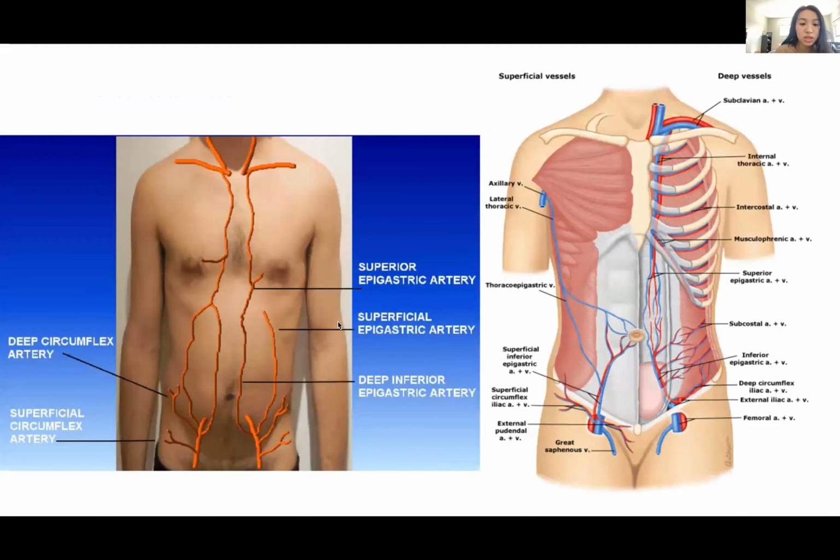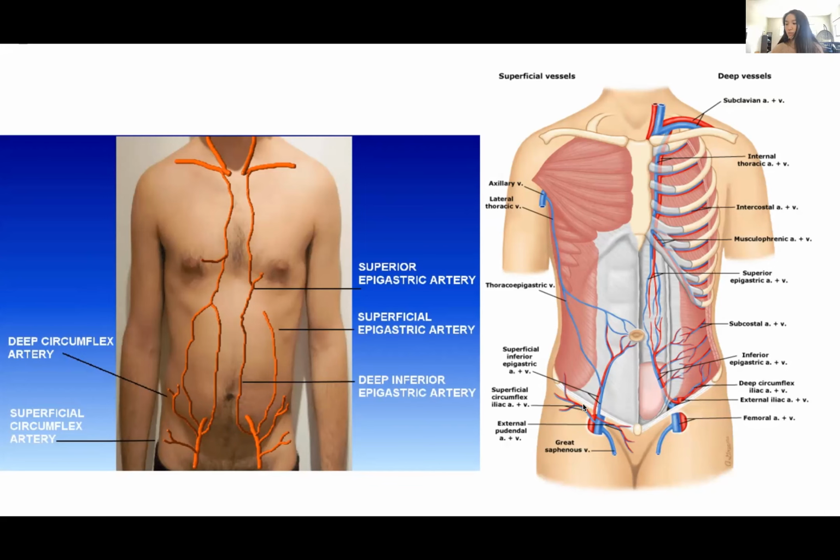Next one. I forgot to do this, so that's why I just chucked in pictures, but that's pretty much how I learned them as well, just looking at textbooks. Just remember what the names are and where they are. Musculophrenic over here, and then it turns into superior epigastric and then inferior epigastric. And then we've got the deep circumflex and the superficial circumflex here.